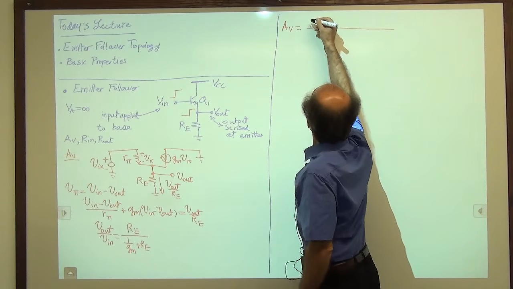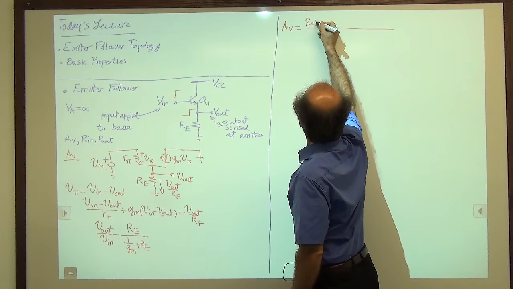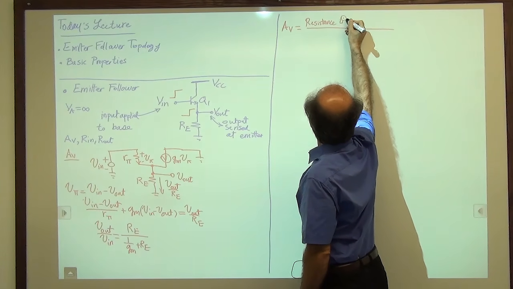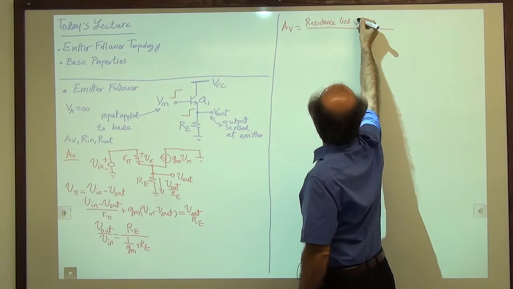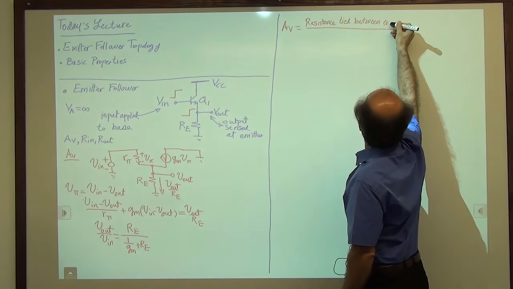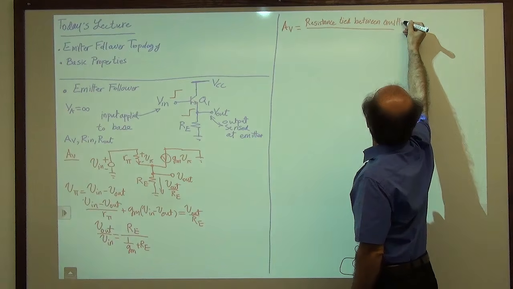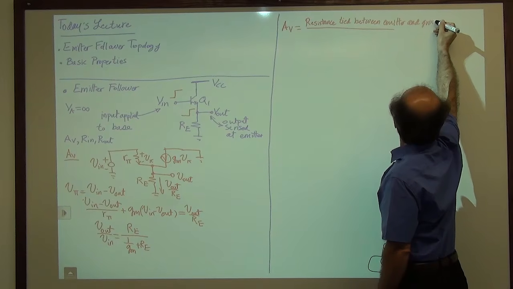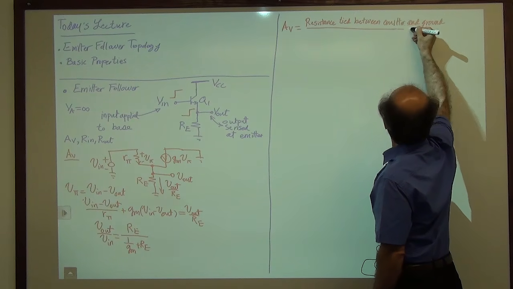So we say resistance tied between emitter and ground. And by ground, we mean really AC ground, any ground, right?